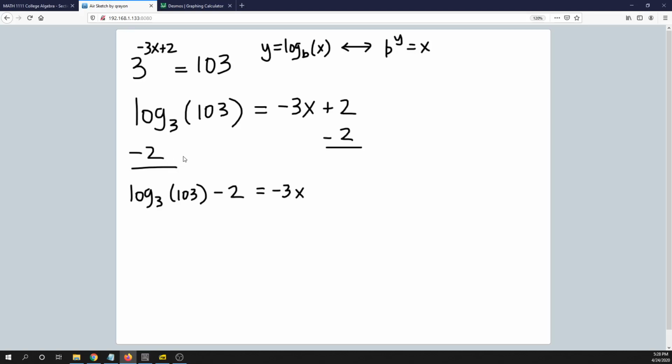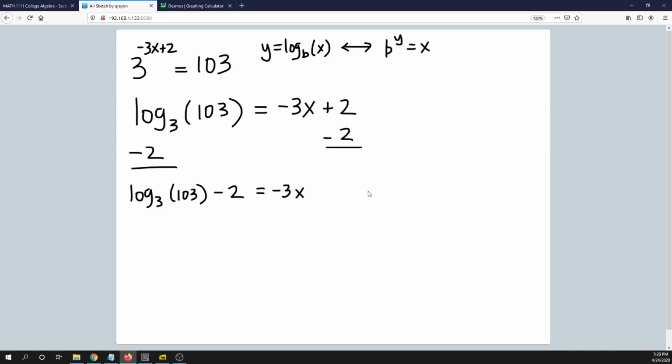So you have to be very careful about that. Unless you're using the power rule, the quotient rule, or the product rule for logs, you shouldn't be combining things that are inside the log with things that are outside of the log.